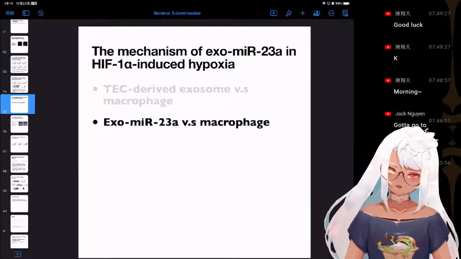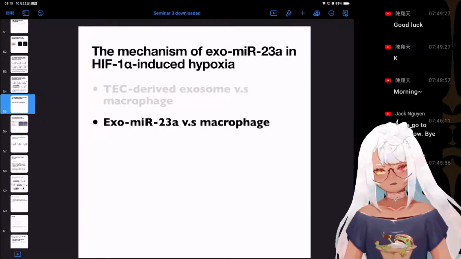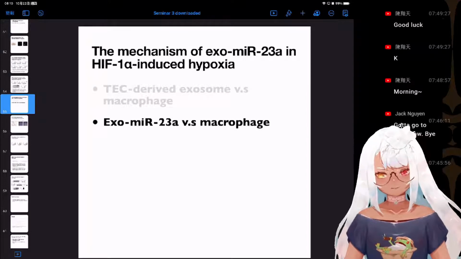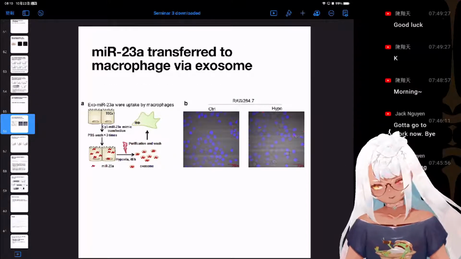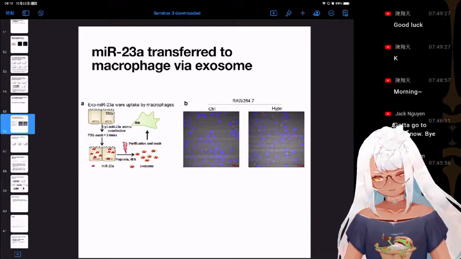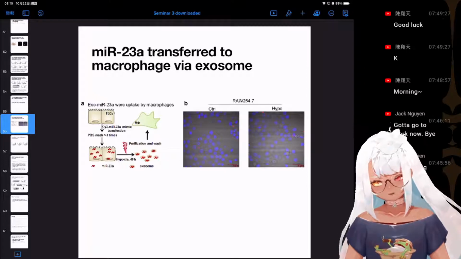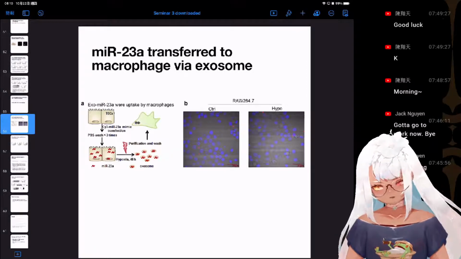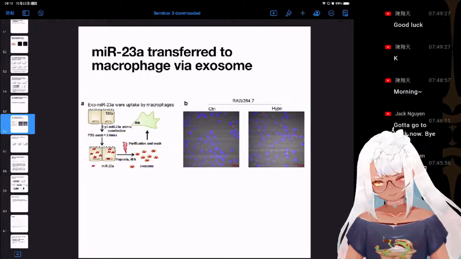So on the smaller scale, we want to know whether the mitochondria inside the exosome actually interact with macrophage. These mitochondria mimics are conjugated with CY3, which will give a red color, and they are then transfected into TECs.